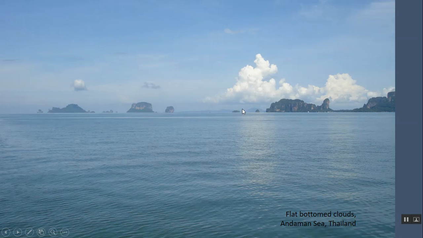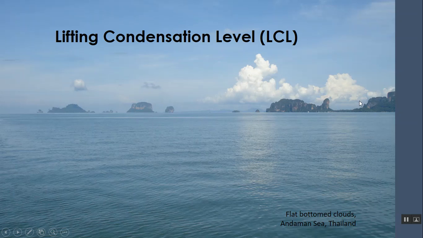So you can see there's this definite point that the air has risen, it is cooled enough that it has reached capacity, and now condensation is forming. This is called the lifting condensation level. And so we can see that LCL, that lifting condensation level right there.